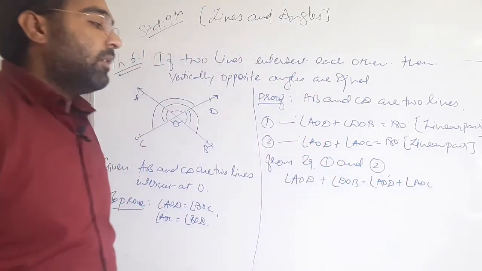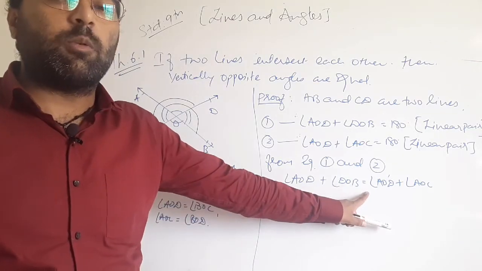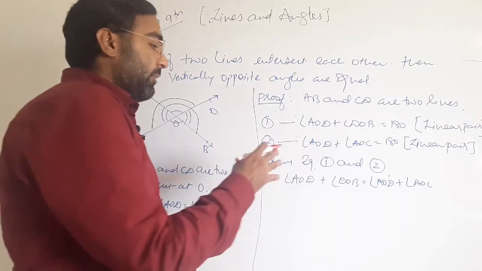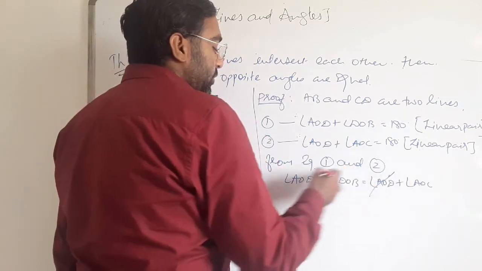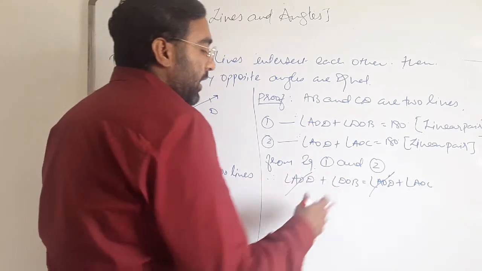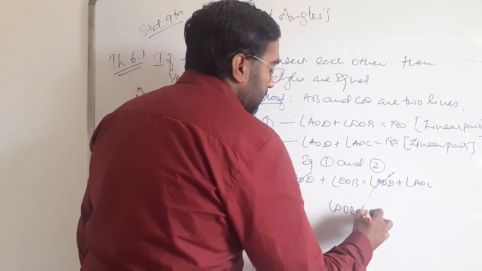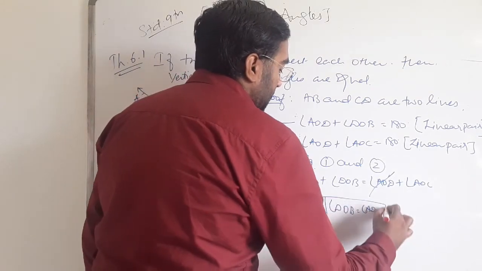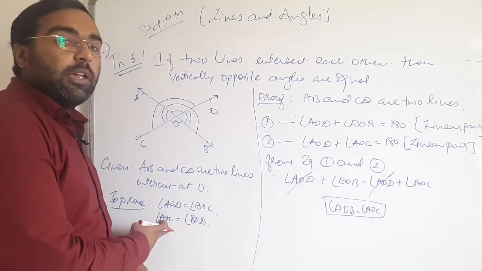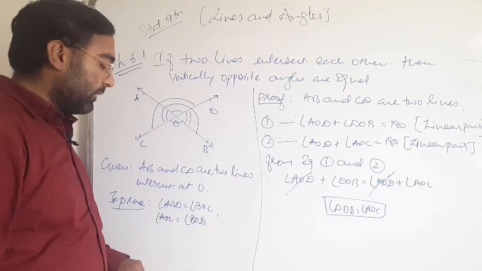On both sides AOD is common, so we cancel it. The remaining terms are DOB equals AOC. I have proved that DOB is equal to AOC. One of them I got.